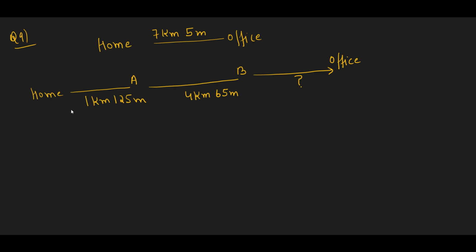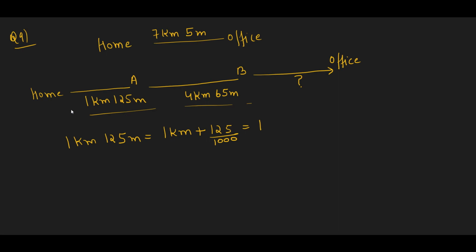So what will we do, children? We will add these two first, to find the distance between home and metro station B. This 1 kilometer 125 meters, you will convert into kilometers. You need to give the answer in kilometers. So 1 kilometer plus 125 meters will be converted to kilometers. How? Just divide by 1000.